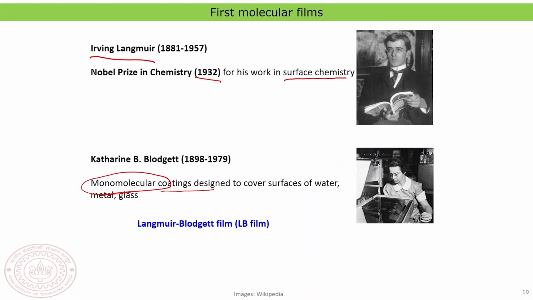This is of course very well known, the Langmuir-Blodgett films, and these films are commercially used in coating different types of materials. So surface science has also contributed in that sense, which you also saw in the previous lecture, that they have been used as coating material. So all the contributions basically come from these well-known chemists.